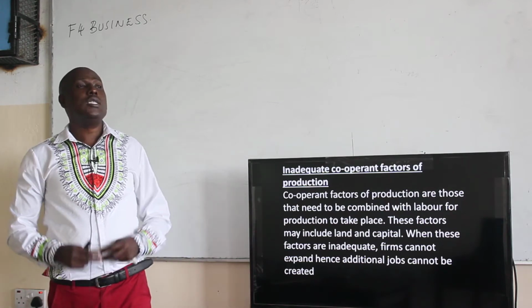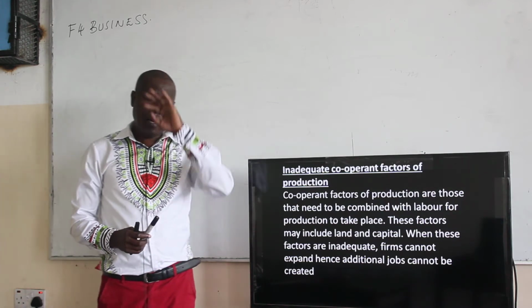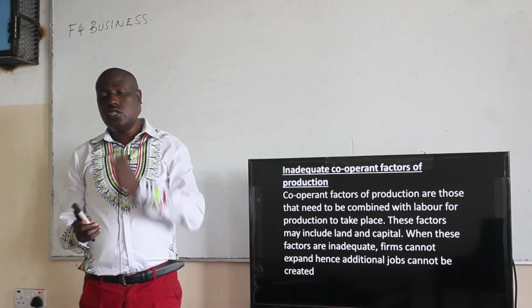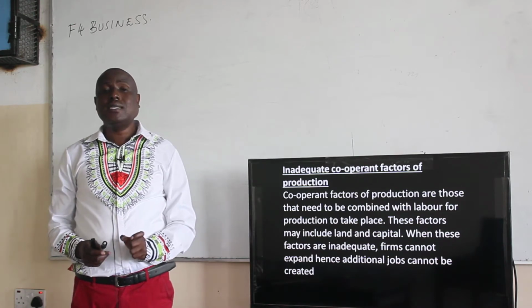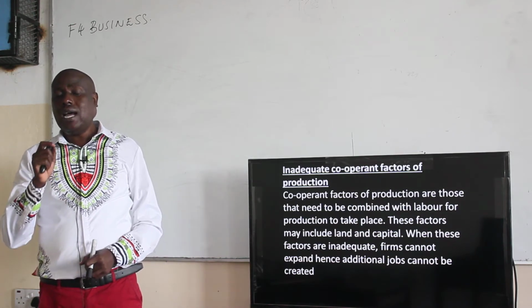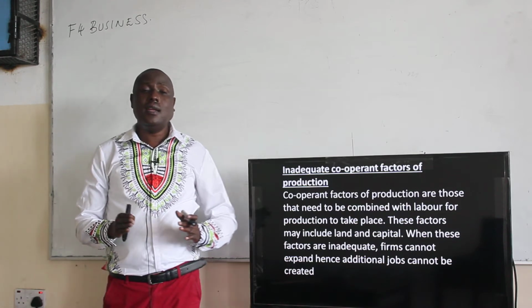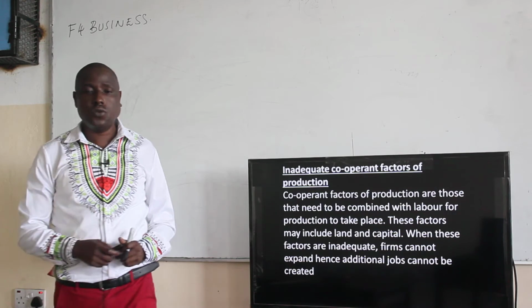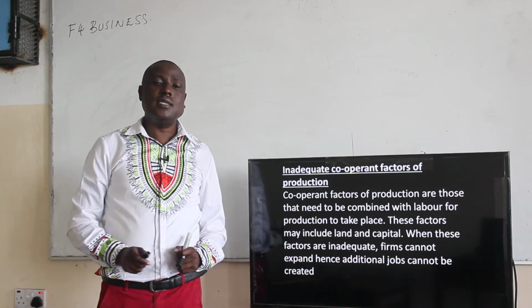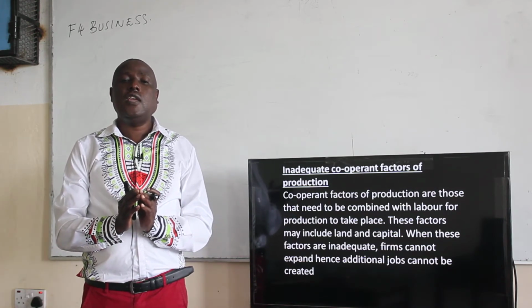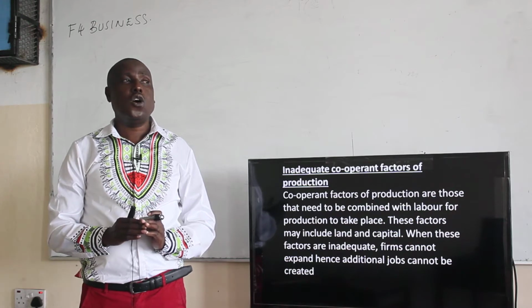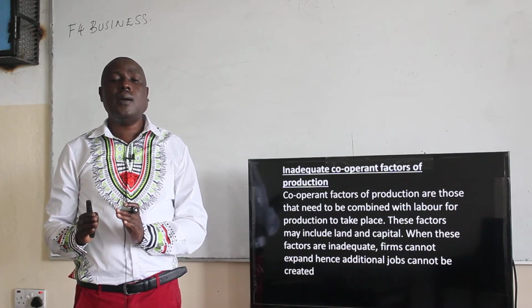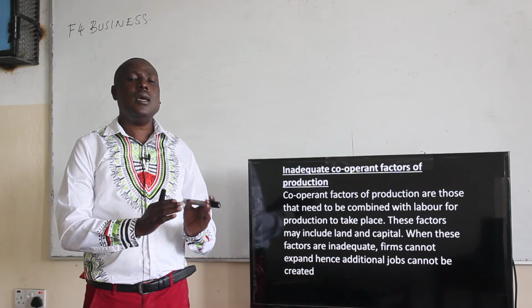Here we are talking about labor, talking about unemployment, which affects human beings. But there are those other factors that work hand in hand with labor to facilitate the process of production. If these factors are insufficient or inadequate, what happens? There is going to be unemployment.